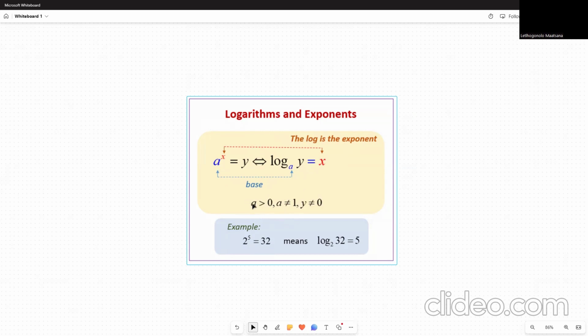This is for a that is greater than 0. a cannot be equal to 1, nor can y be equal to 0. We have an example here where 2 to the power of 5 is equal to 32. We can change it to log base 2, with an input of 32 representing an output of 5.